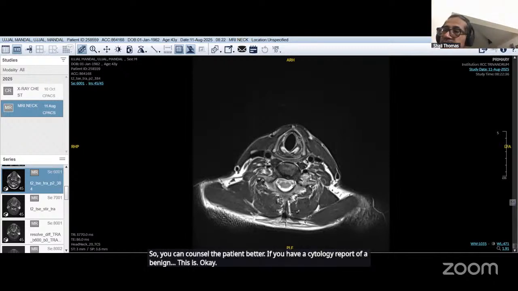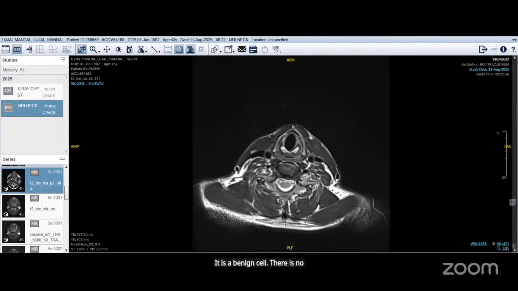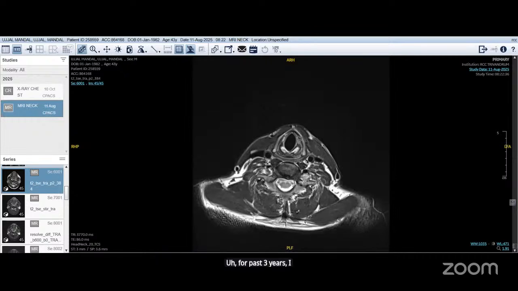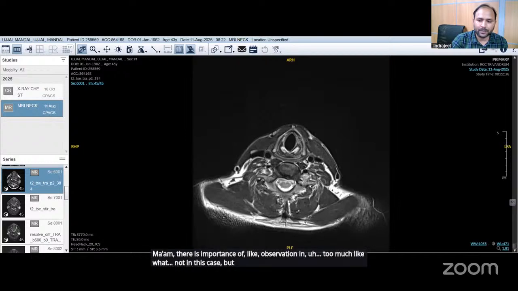If it is benign, sir, if there is no cancer, can you observe the swelling? For the past 3 years, I am observing it is not increasing in size. Ma'am, there is a role of observation in tumors like Warthin's tumors, where the patient is elderly.